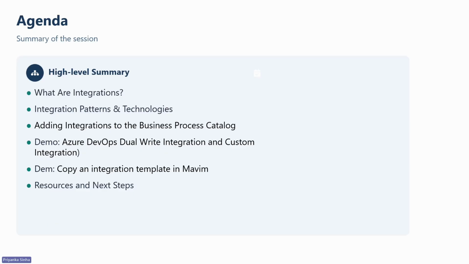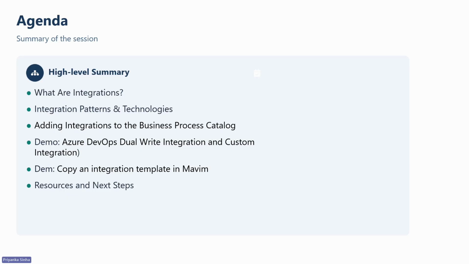We welcome you. So here's our agenda today. We are going to start with a high-level overview of what integrations are in the context of business process catalog, where they sit in the structure, why they matter. Then we will get into integration patterns and technologies.